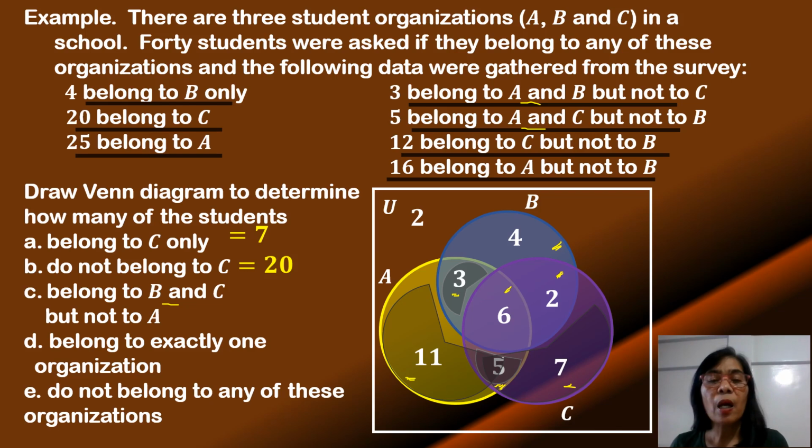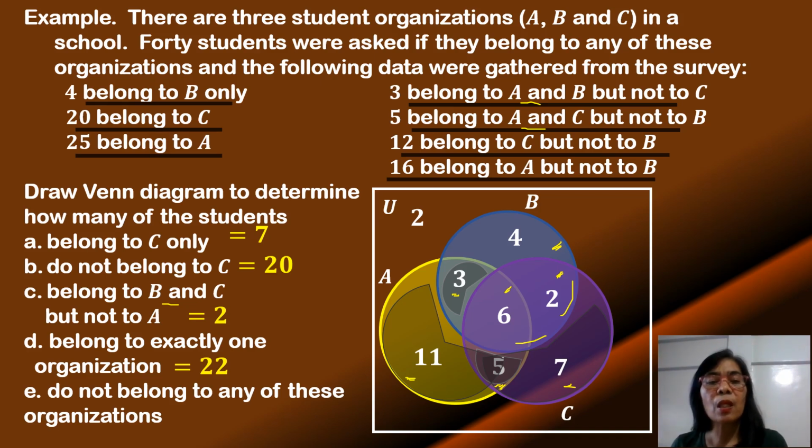Next is, how many students belong to B and C but not to A? So the region representing B and C but not to A, it's this region. So that means there are only 2 students.